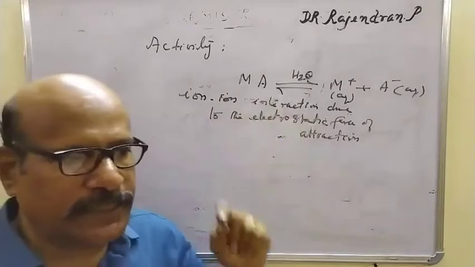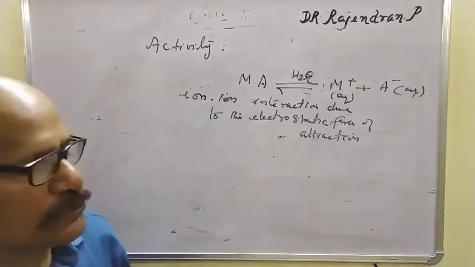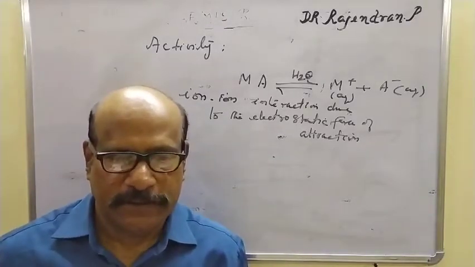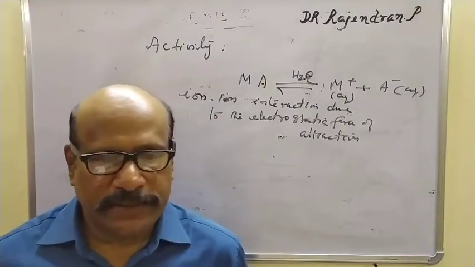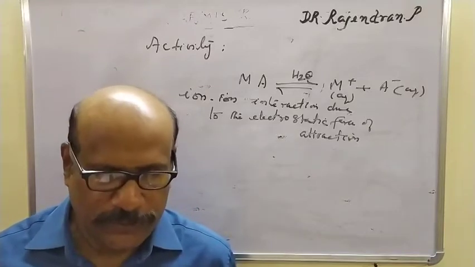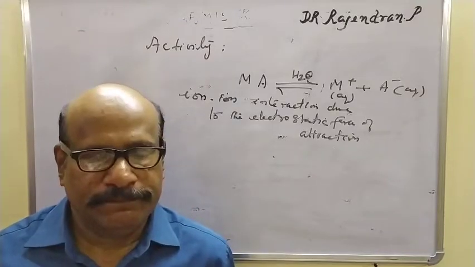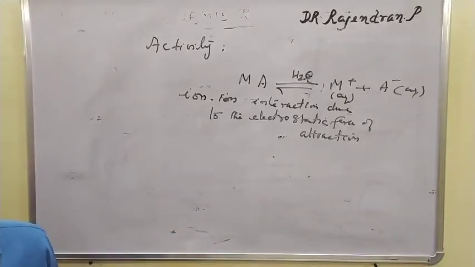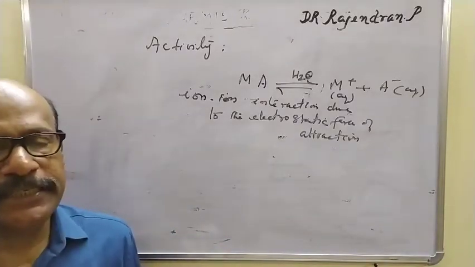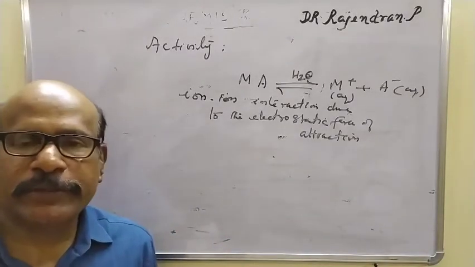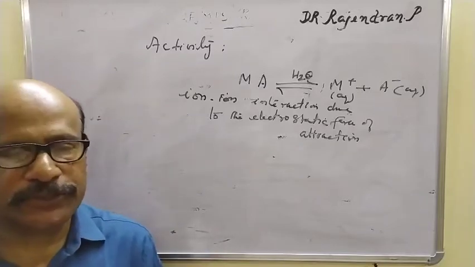There is an ion-ion interaction due to the electrostatic force of attraction. This ion-ion attraction therefore leads to some abnormality or some deviation in the actual stoichiometric concentration of the solution.